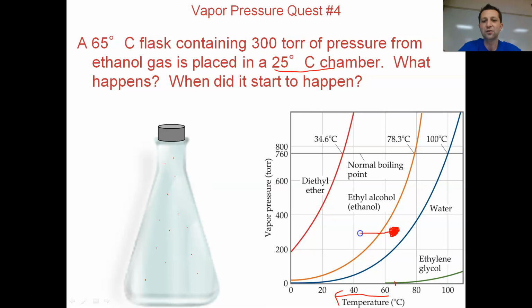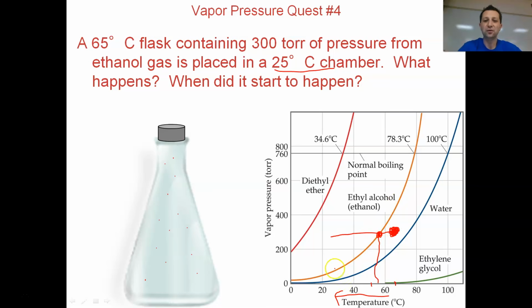I eventually cool it off to 25 Celsius, right? But something happens when I reach this point here. As I cool the flask, I hit the ethanol curve right here, okay? So at about, maybe 55 Celsius, I end up with a saturated solution, okay?